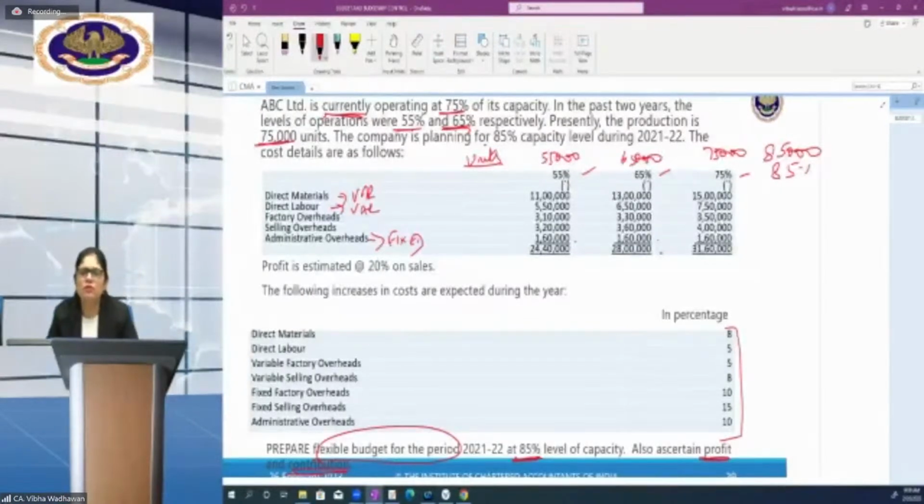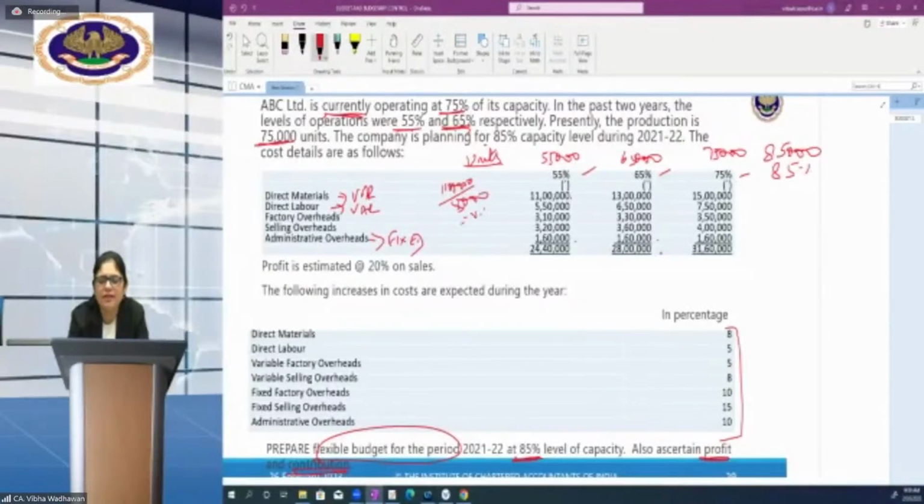How to do the variable cost? We should always find out the per unit variable cost. All right. So the cost is 11 lakh. The units are 55,000. 11 lakh divided by 55,000.